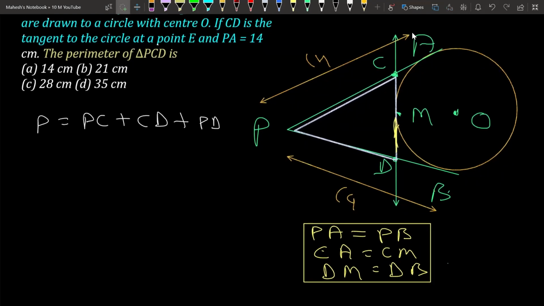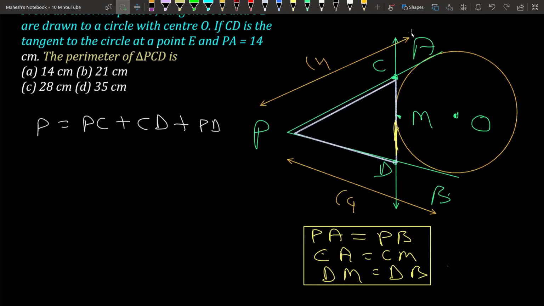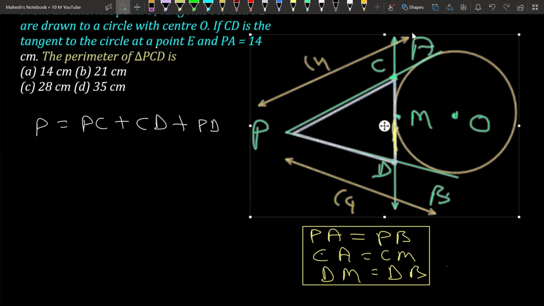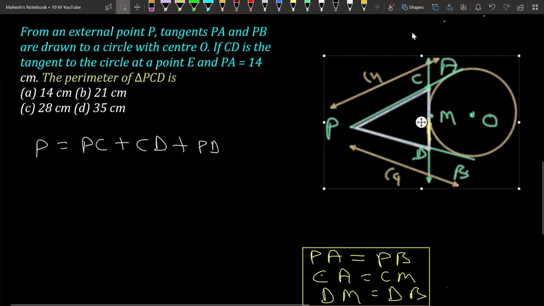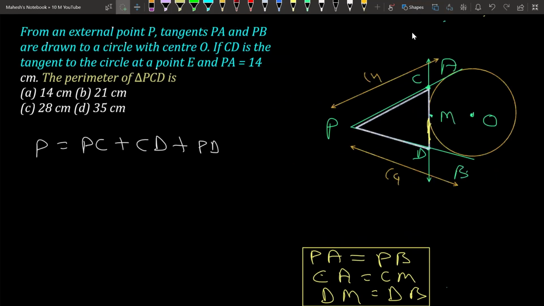Once we have obtained this information, what I'm going to do is break these sides in terms of the tangents. Let's begin with the first one. We have the length PC over here. Check in the figure what we can write PC as. Can we write PC as PA minus AC? Similarly, the length CD can be broken as CM plus DM.